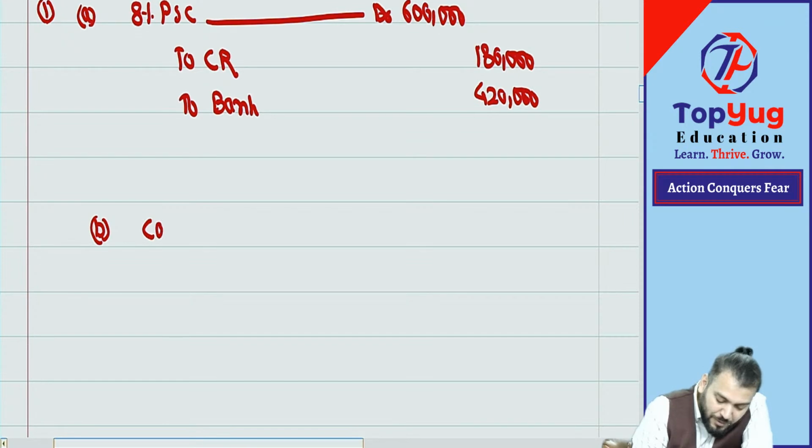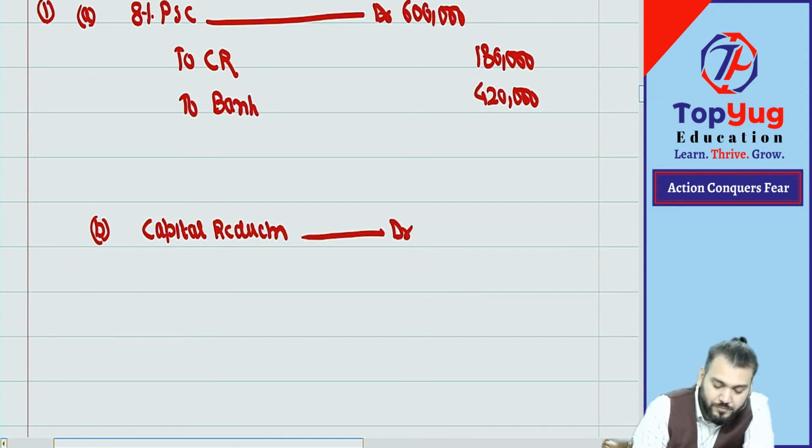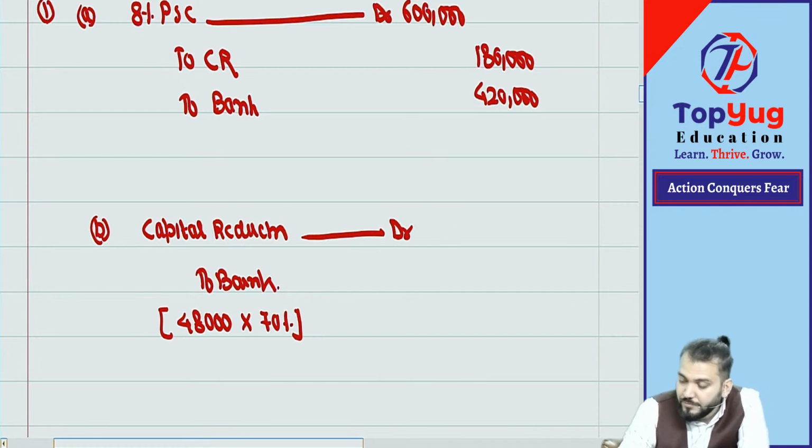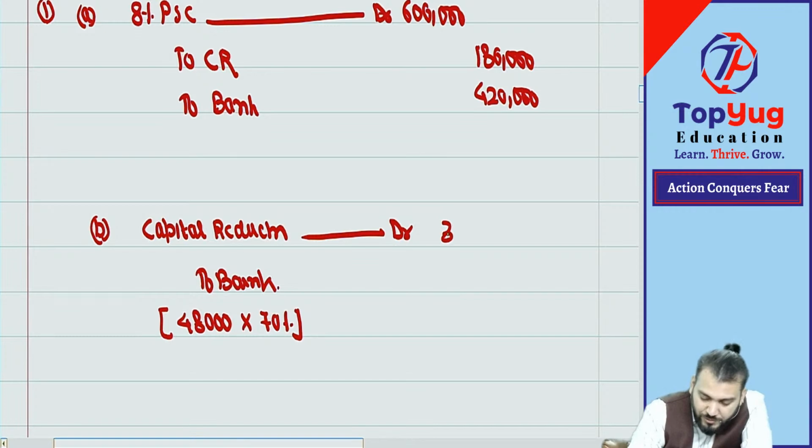But we have paid only 70%. So capital reduction account debit to bank, being preference dividend paid to the extent of 70%. So it is coming 48,000 into 70%. How much? 33,600. Got it.